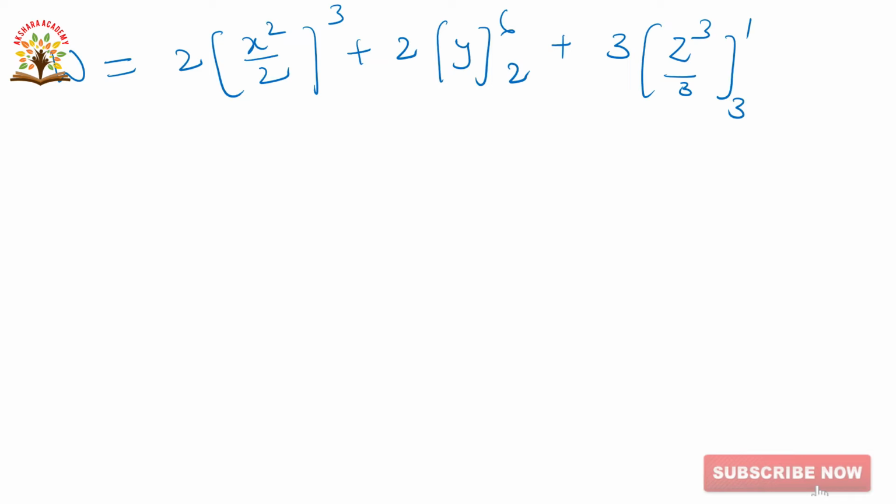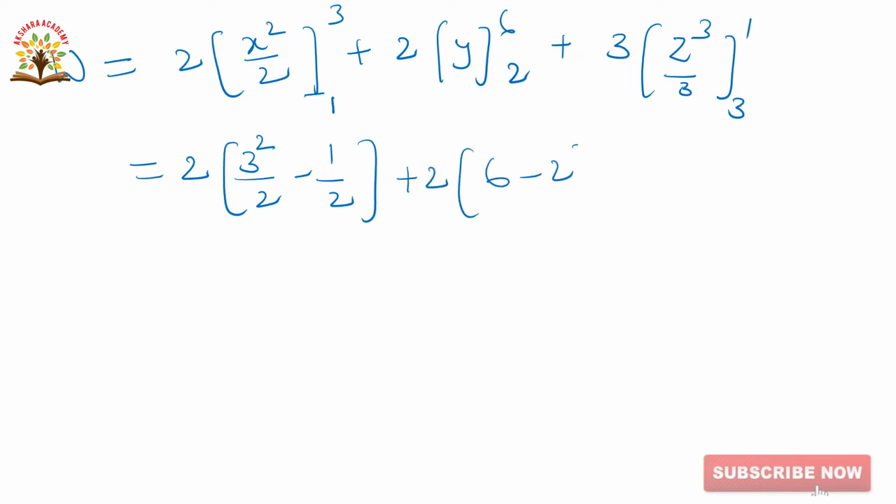So that equals 2 of, upper limit minus lower limit, 3 squared by 2 minus 1 by 2, plus 2 of 6 minus 2, plus 3 of 1 cubed by 3 minus 3 cubed by 3.